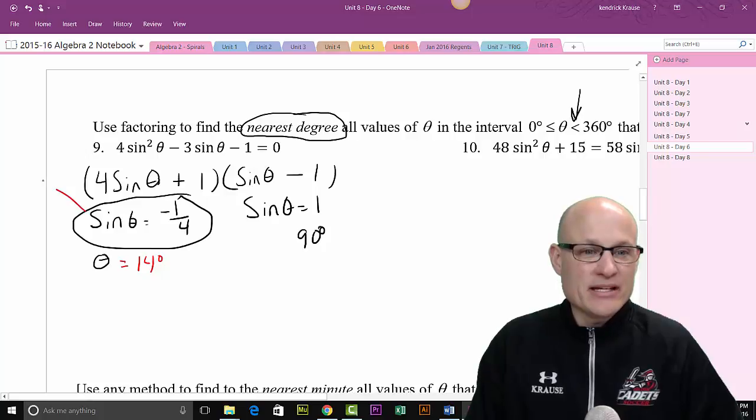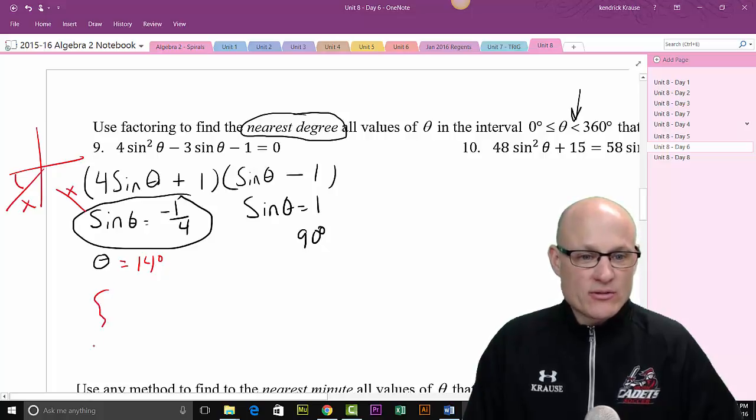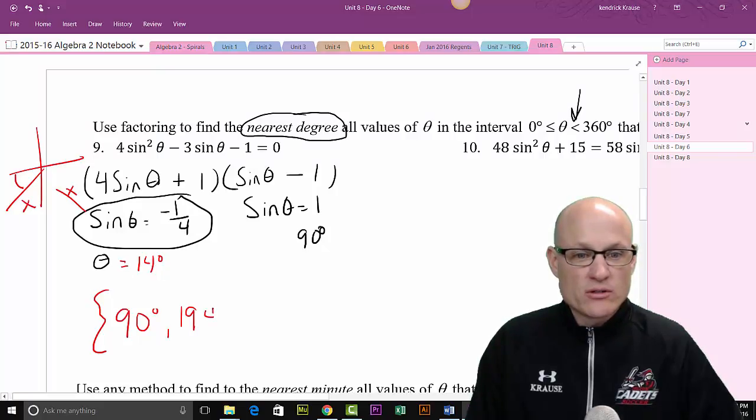But I need to be where sine is negative. That's down here and down here. So I'm going to take 180 and add it. So 90 degrees, we'll start with that. And then I add 180 to 14, I get 194 degrees. And I subtract 14 from 360, and I get 346 degrees.